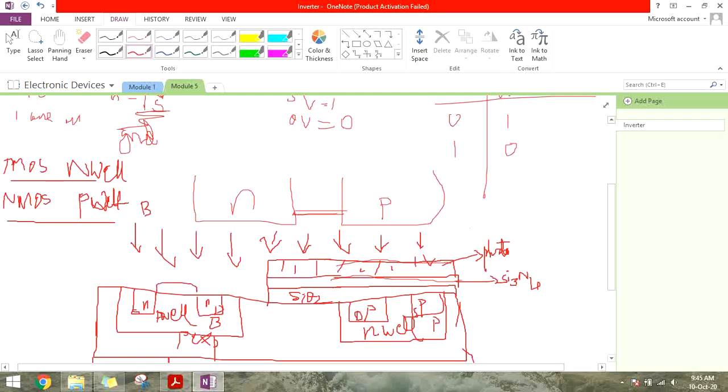Polysilicon is already placed in the beginning. So the same process is used to diffuse the N impurities and the P impurities to form the source and drain terminals, and at the center we have the gate terminal.